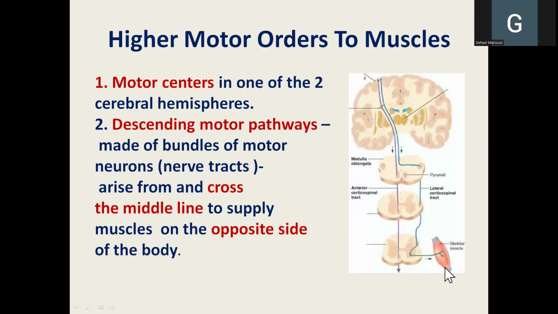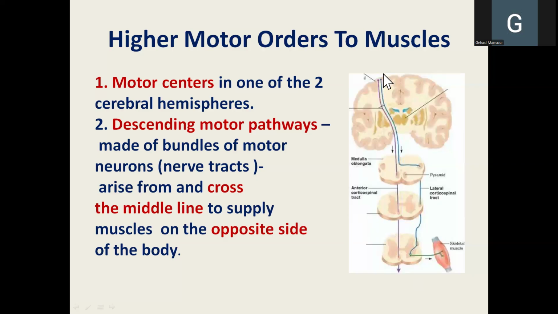And in such a case, the patient will have paralysis of the contralateral half of the body, and that paralysis is an upper motor neuron paralysis, characterized by two important characteristics. The first one is hypertonia, the increased tone or spasticity of the muscles, and the second characteristic is hyperreflexia, or the exaggerated reflex.